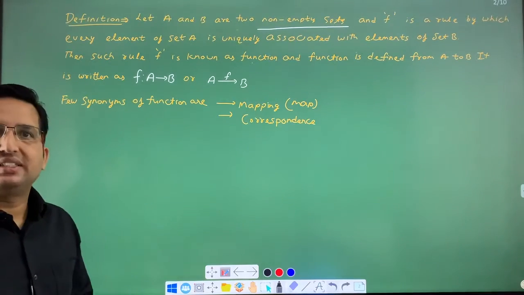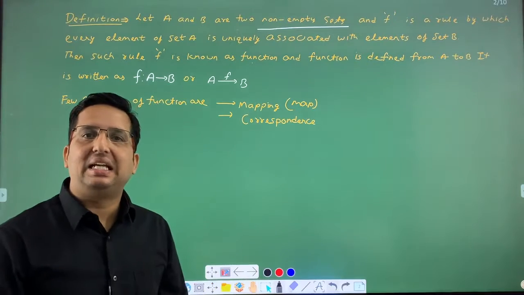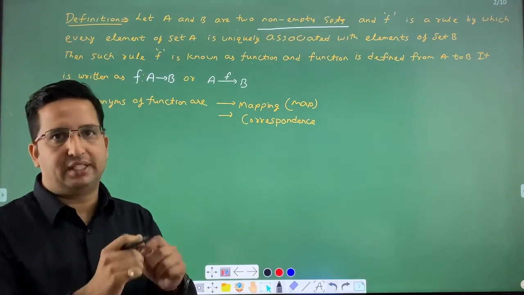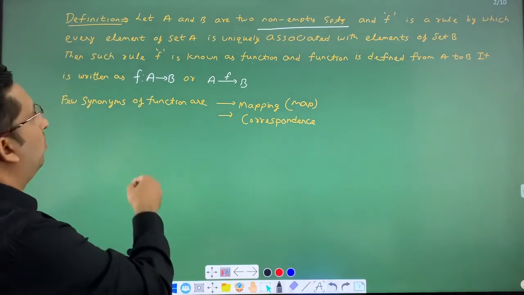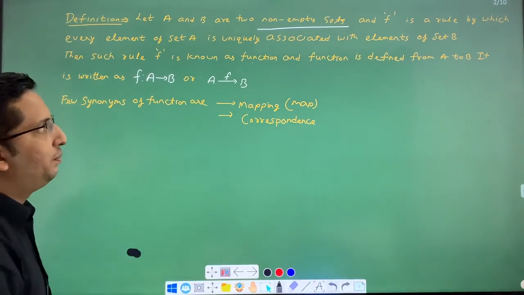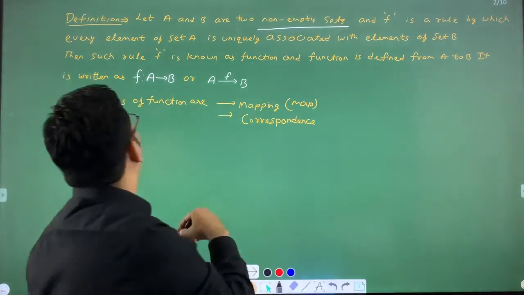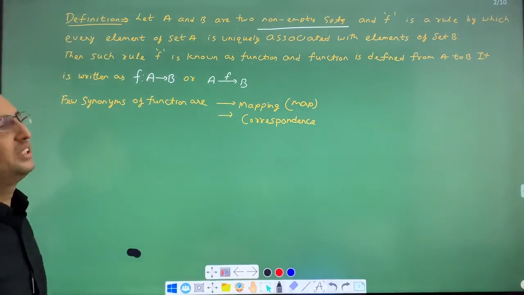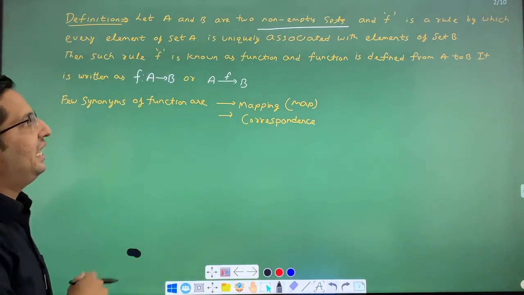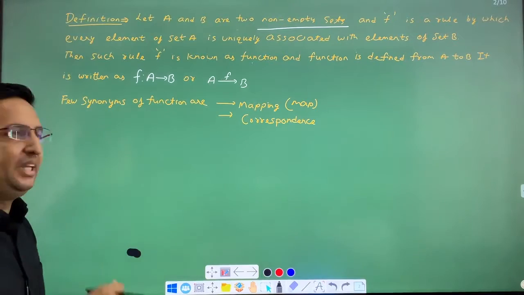What is a non-empty set? Non-empty sets are those sets which contain at least one element. So let's move further. Let set A and set B be two non-empty sets, and f is the rule by which every element of set A is uniquely associated with an element of set B.